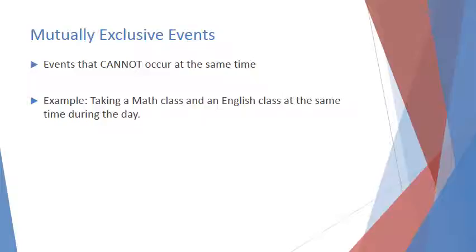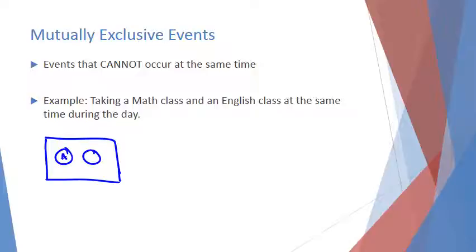So visually, Venn diagram wise. You'll remember Venns from one of our previous chapters, two chapters ago. In a Venn, that would mean that there is no overlap. They can't occur at the same time. Now, let's define the probability of this.